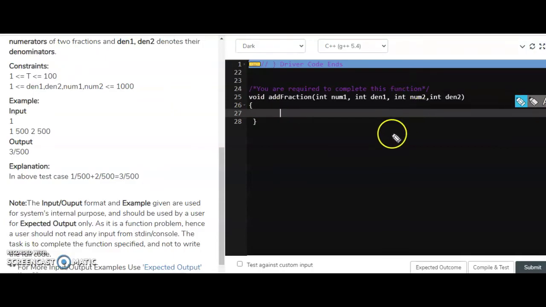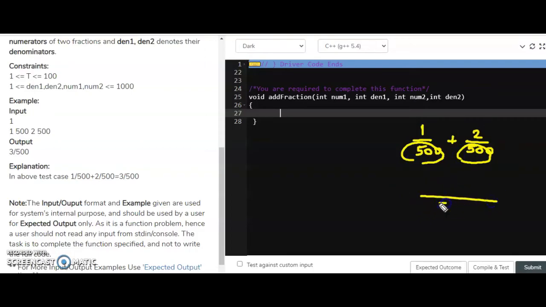As we know, in the example shown here, I am taking 1 divided by 500 plus 2 divided by 500. If the denominator is the same, then we just write 1 plus 2, that is 3 divided by 500.